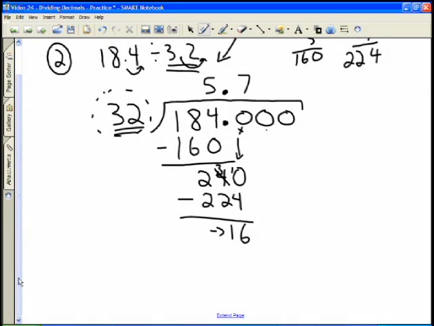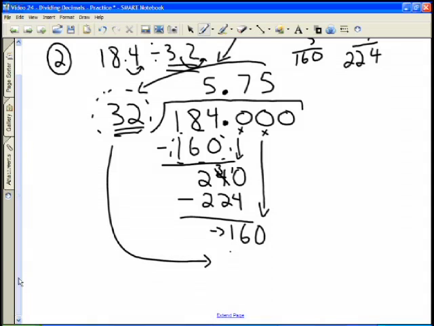And now we bring down a 0, and we say, how many times will 32 go into 160? If you're paying attention and you look up here, we can see it's going to be exactly 5. 5 times 32 is 160.